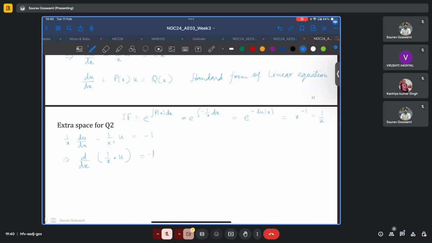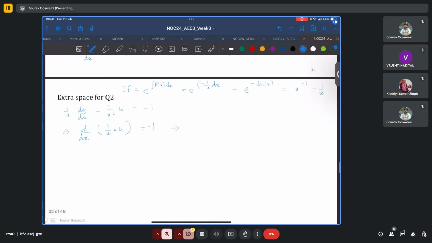And if we integrate both sides, what we obtain is 1 by x times u is minus x plus some constant c1, and if we take x to the other side, we have u equals minus x square plus c1x.